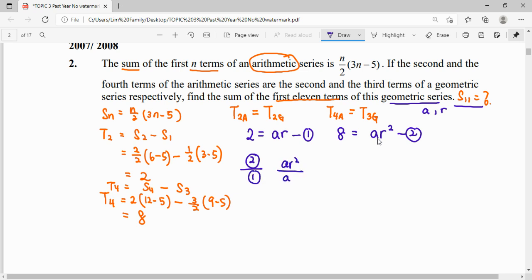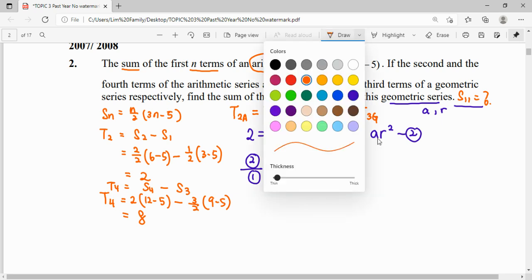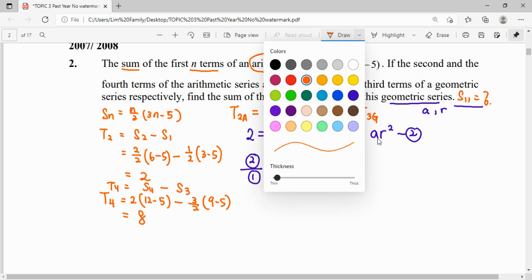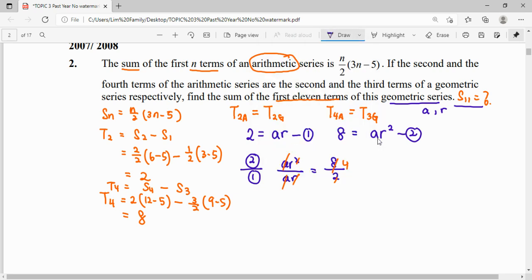AR squared divided by AR, so 8 divided by 2. Therefore you can see here our A is simplified and our R also simplified. So here will become 4. Finally we get our common ratio, which is 4.